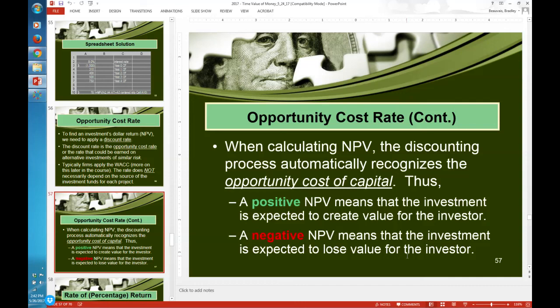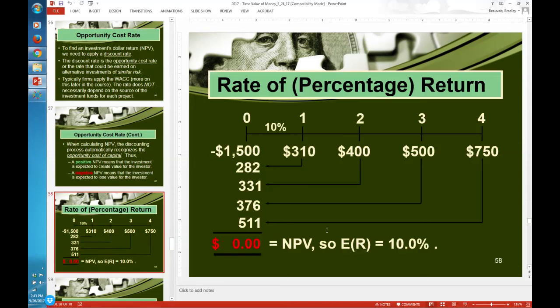If I can earn a better return than what my capital costs me, that means the project is likely economically viable, and the reverse is true as well. So again, to revisit, a positive net present value is expected to create value for the investor. A negative net present value means that it's expected to lose value, at least from a quantitative standpoint.